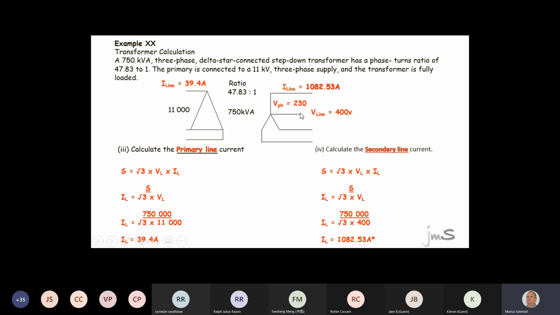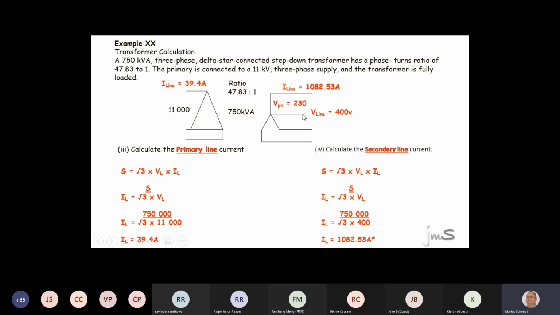Take your calculators and take 1,082, divide that by 47.83, which is the ratio. How much do you get? 22.6. So now you know the coil current. Now multiply that with root 3, so you get close to 39. They're rounding off. It's around about 39.